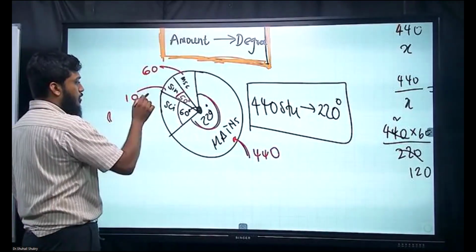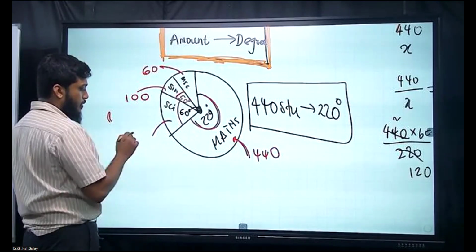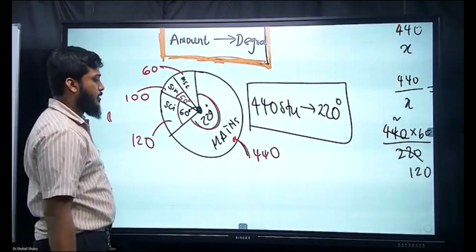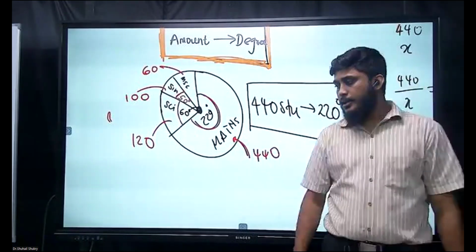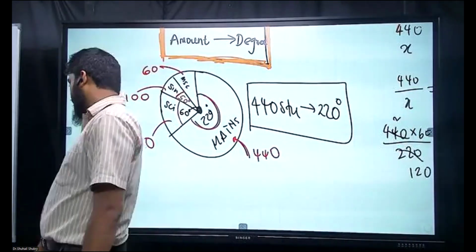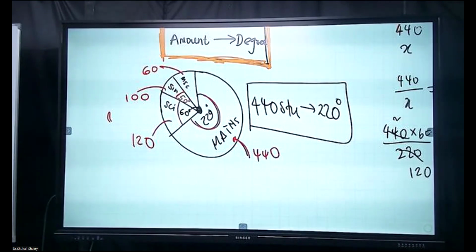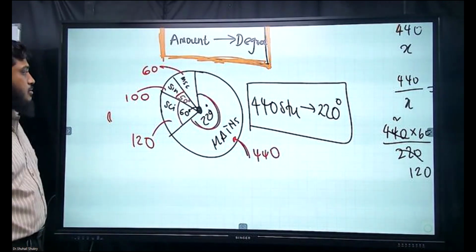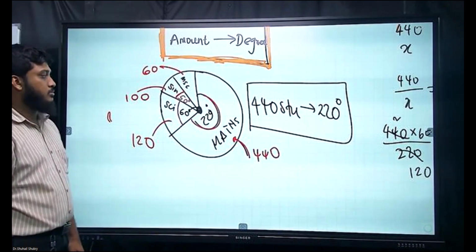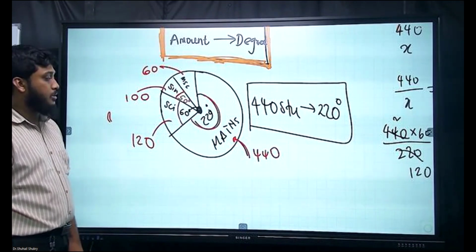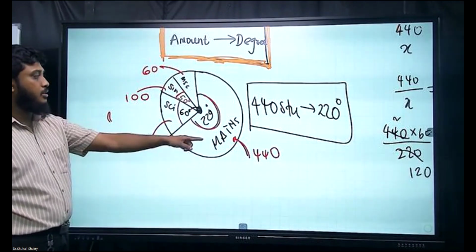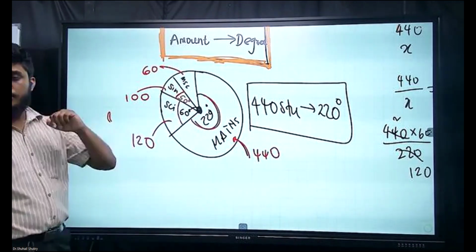Sinhala, we found 100 people like Sinhala. You know that they have given that 120 people like science. We found like this. Now they are telling 40 students change their favorite subject to music from maths. How many people change their subject? 40 people. They change their subject to music from maths.